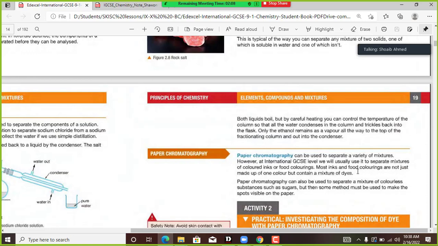Most inks and food colourings are not made up of only one colour; they are a mixture of dyes. Paper chromatography can also be used to separate mixtures of colourless substances such as sugars. Where a mixture of dyes is present, we can use paper chromatography.